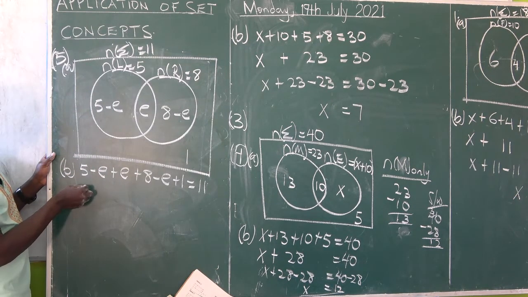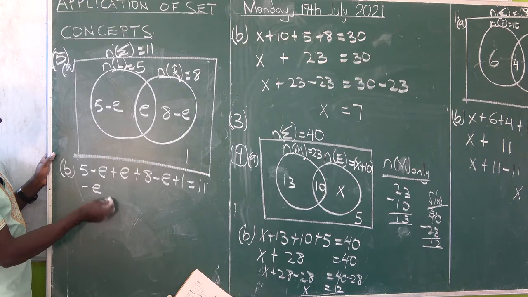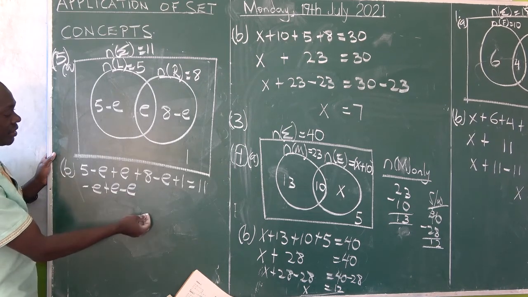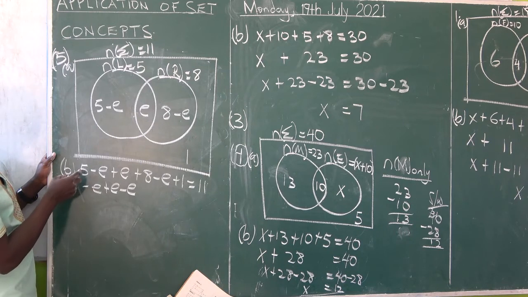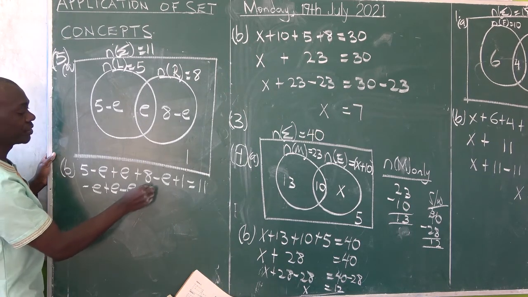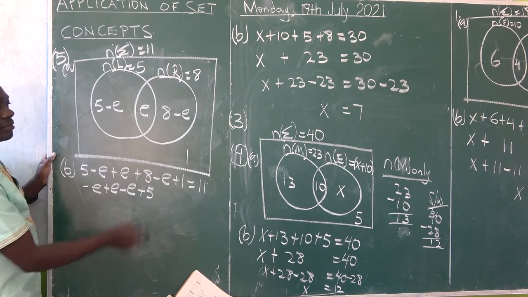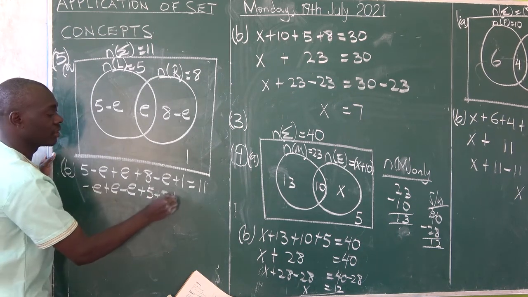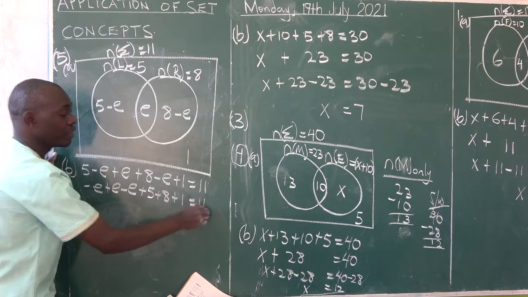Negative e plus e minus e plus 5 plus 8 plus 1 equals. Okay, that step is very important.